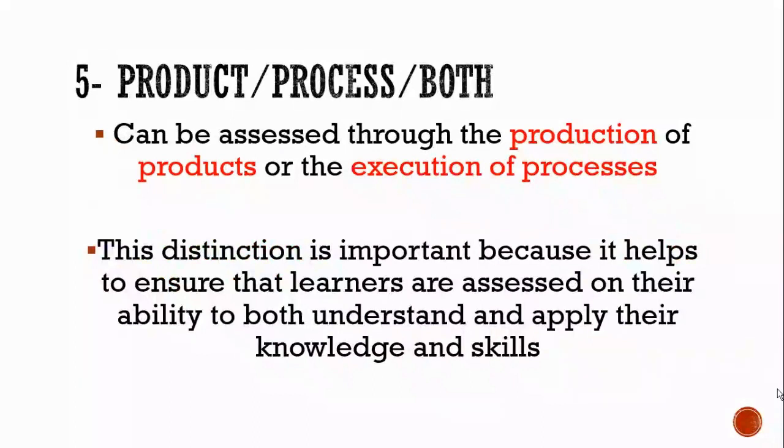And the last bit is products, processes, or both products and processes. And here it's good to understand that there are performance criteria that address products, some will address processes, and some will address both products and processes. And it can be assessed through production of products or execution of processes. So this distinction is very imperative because it helps to ensure that learners are assessed on the ability to both understand and apply their knowledge and skills.